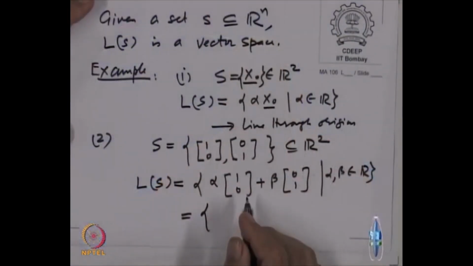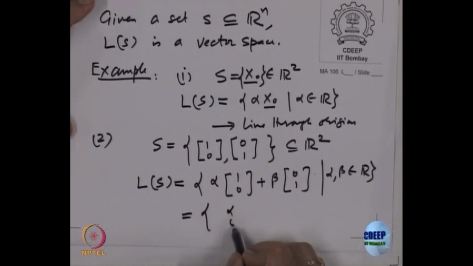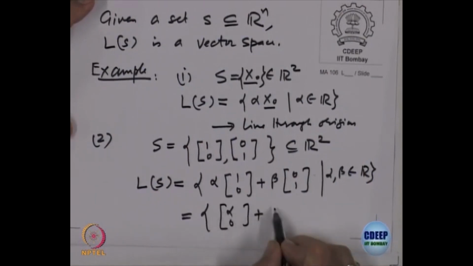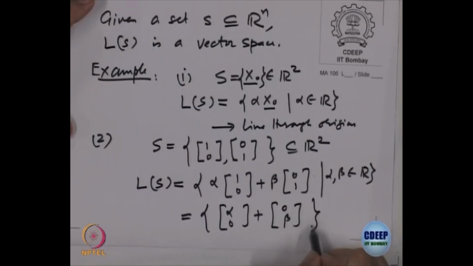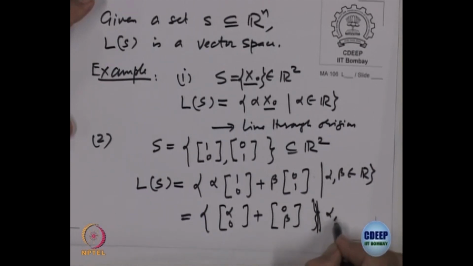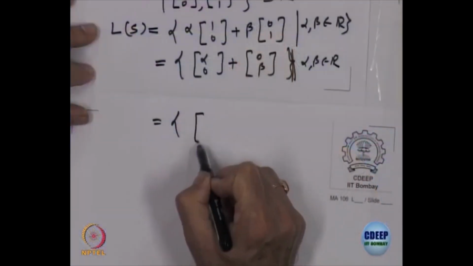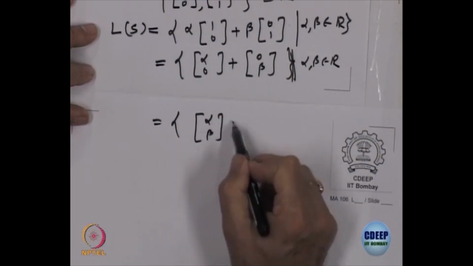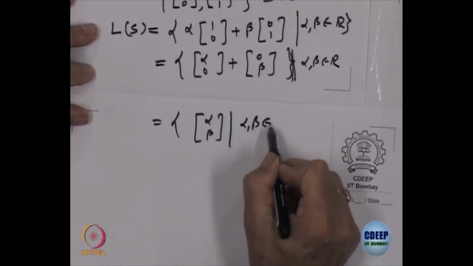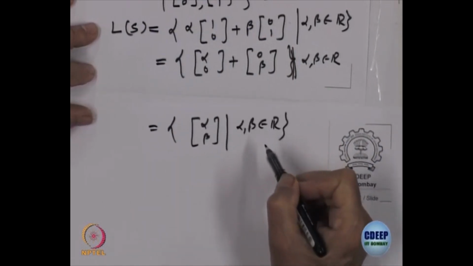What is that equal to? Let us simplify. So, that is alpha 0 plus 0 beta, where alpha and beta both belong to R. And what is that? So, that is equal to alpha beta, alpha and beta belonging to R, right.